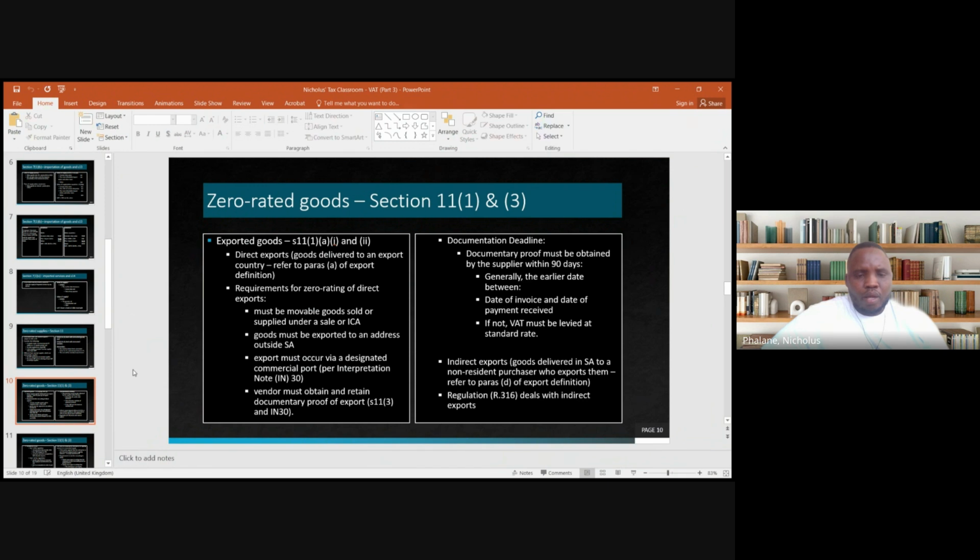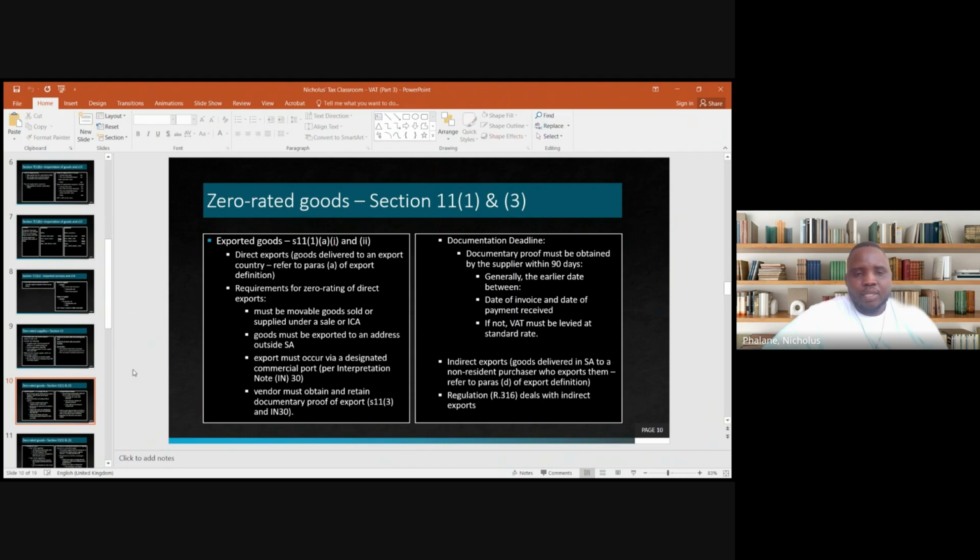So this must be movable goods sold or supplied under a sale or an installment credit agreement. All right. Goods must be exported to an address outside SA. Like I said, direct exports are goods delivered to an export country.